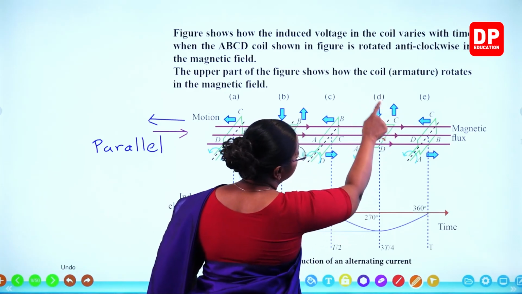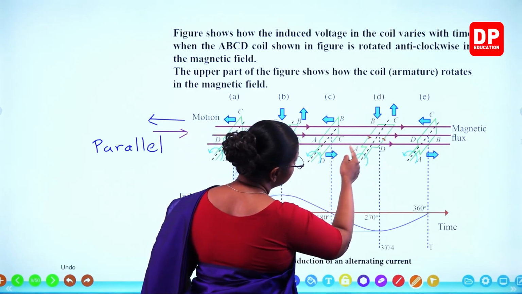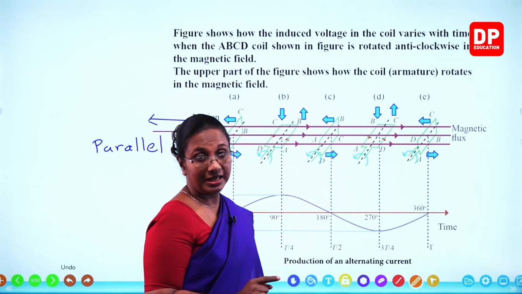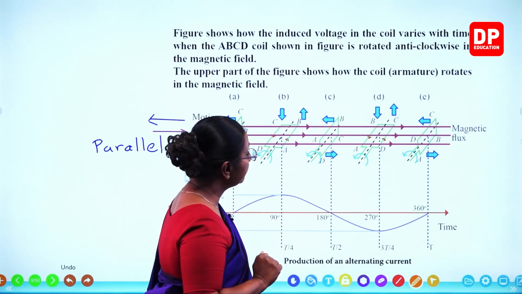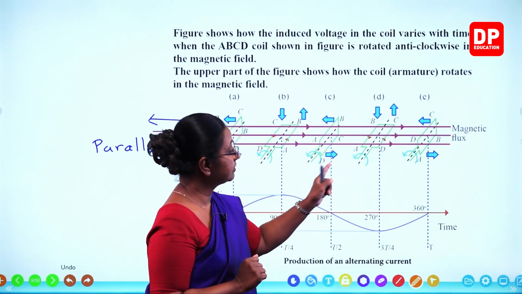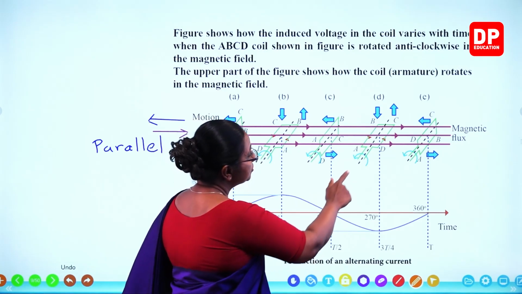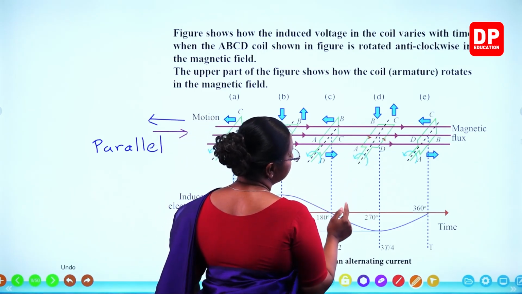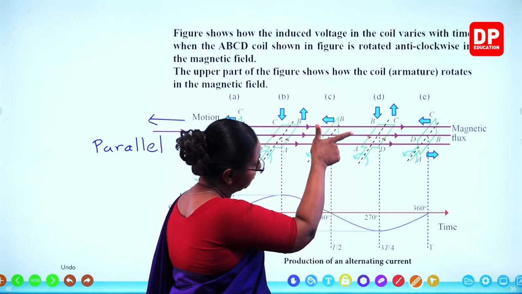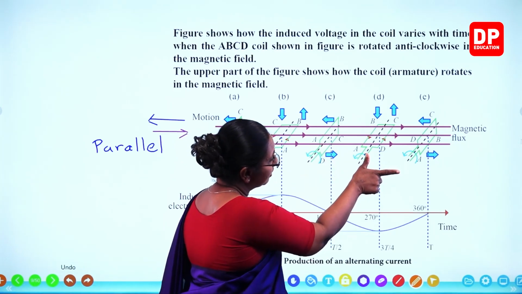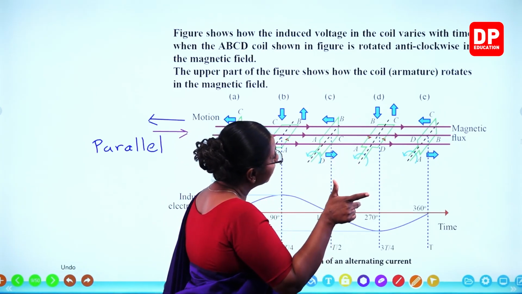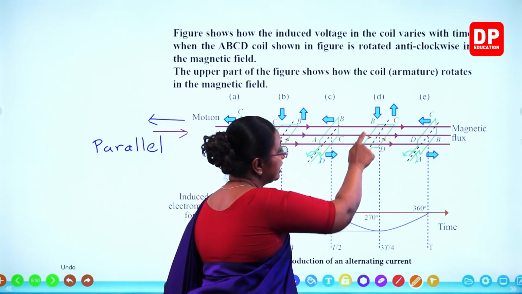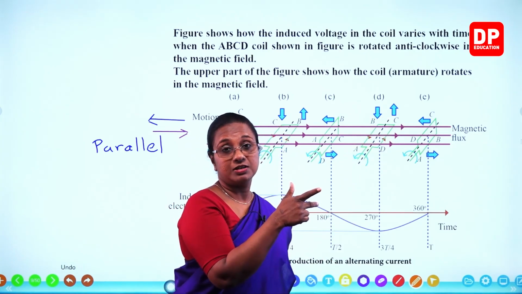continuously, if you look at the position D, the coil is going to rotate. Now, if you look at the side, CD or DC is going to move upwards. The magnetic flux is this way. So the current flow through CD is inwards.